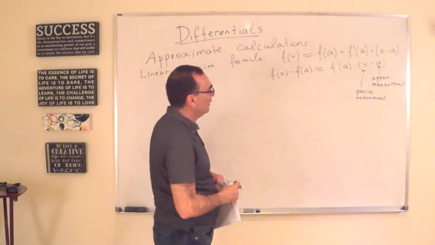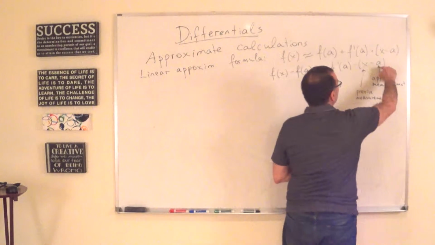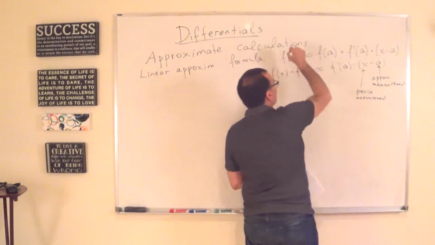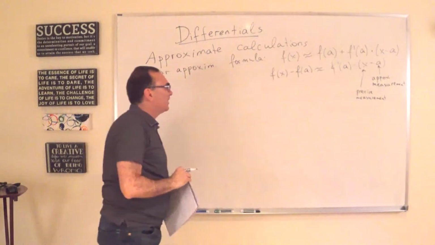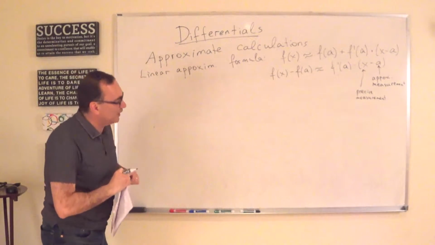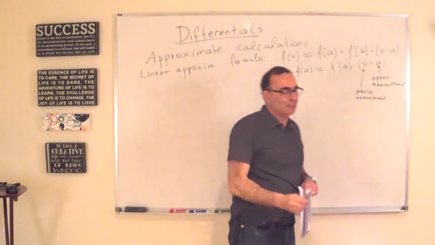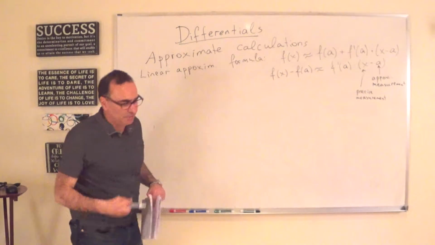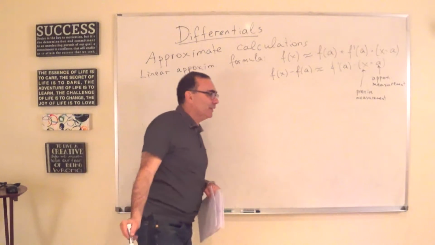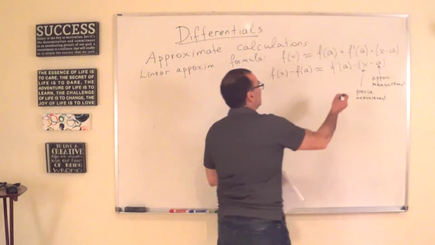Now, if this is the approximate measurement, then let's say that we use the function f of a to calculate something based on that measurement. For example, we measure the velocity of a moving object and then use a formula from physics in order to calculate the energy of that moving object.